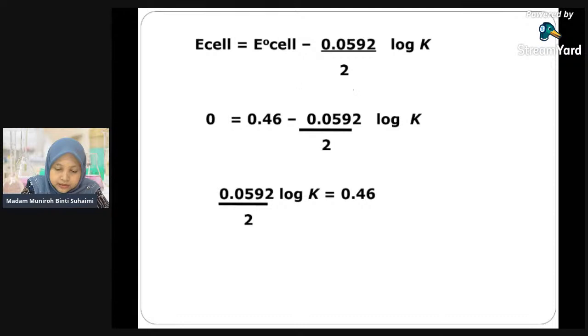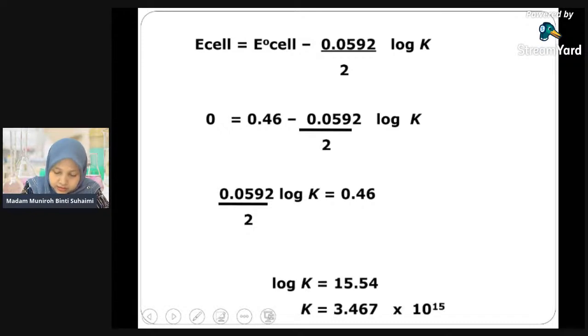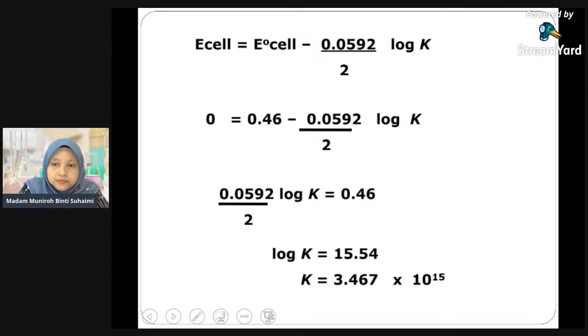Substitute the E naught cell 0.46, and we will get the value of K as 3.467 times 10 power of 15.